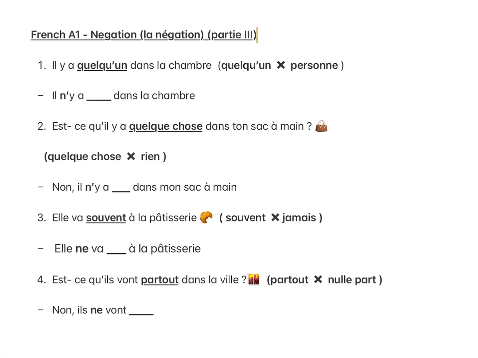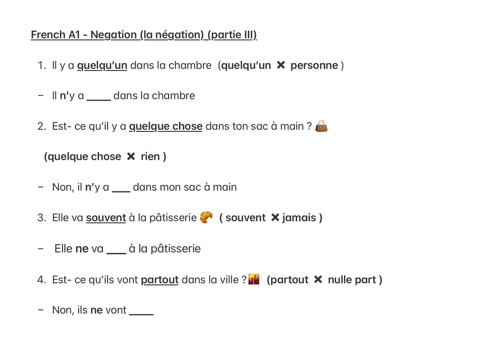The second way was to add ne or an apostrophe, in case of a vowel, before a conjugated verb, and instead of pas, we add aucun or aucune after the conjugated verb. However, in this video, we will see a completely new way of negating a sentence in French.